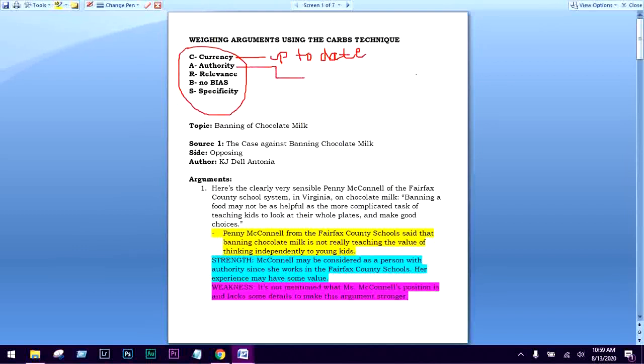Authority: we have to take a look at the source of the information, or the source of the research or the evidence. Does it have the proper authority? Also, take a look at the writers.